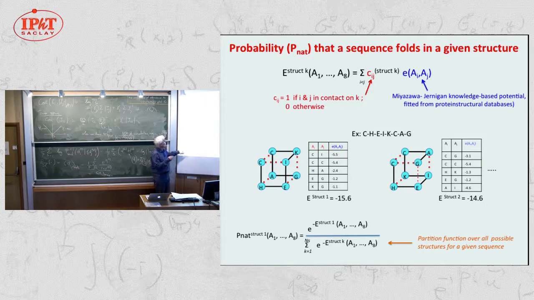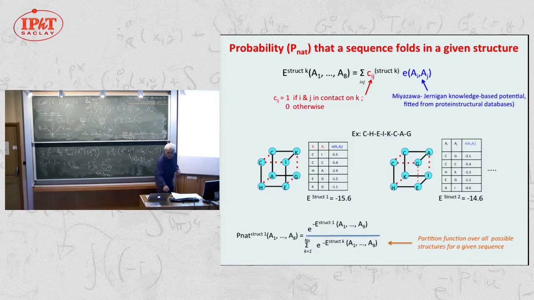This was called by Shakhnovich and collaborators the probability P0, related to native, but whatever. It's the probability that this particular sequence will fall in this particular structure. And this is the exponential of minus the energy of the sequence with the structure, over a partition function, which is the sum over all possible structures of the Boltzmann factors. Is it clear?